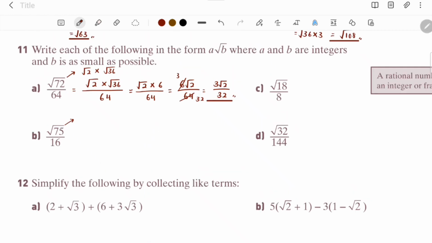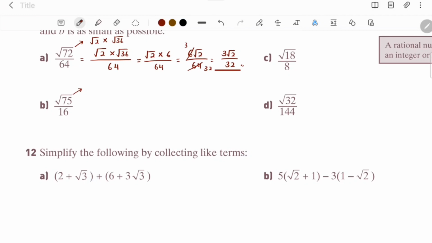Okay, 75. It can actually be Surd 25 multiplied with Surd 3. So let's see. If we put Surd 25 times Surd 3 and then over 16.